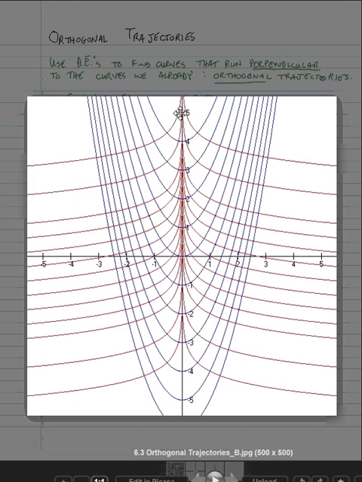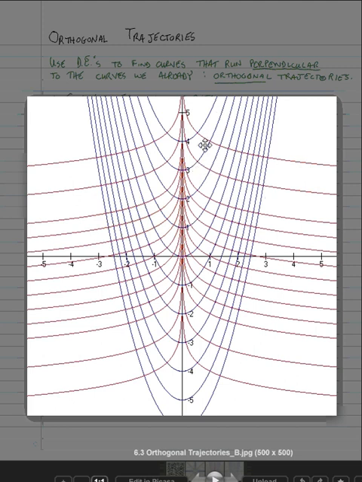So for instance, pick out one of these red curves. Well, actually it's a pair, and we don't really need to know what the equation of this curve is, but it's a pair of curves that go together. So follow along this one particular curve, and notice this curve intersects this parabola in a perpendicular way. It intersects this parabola in a perpendicular way.